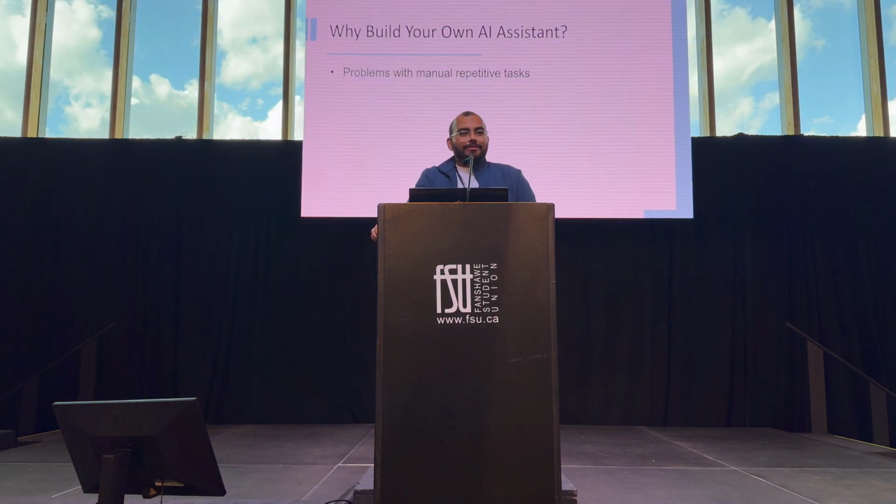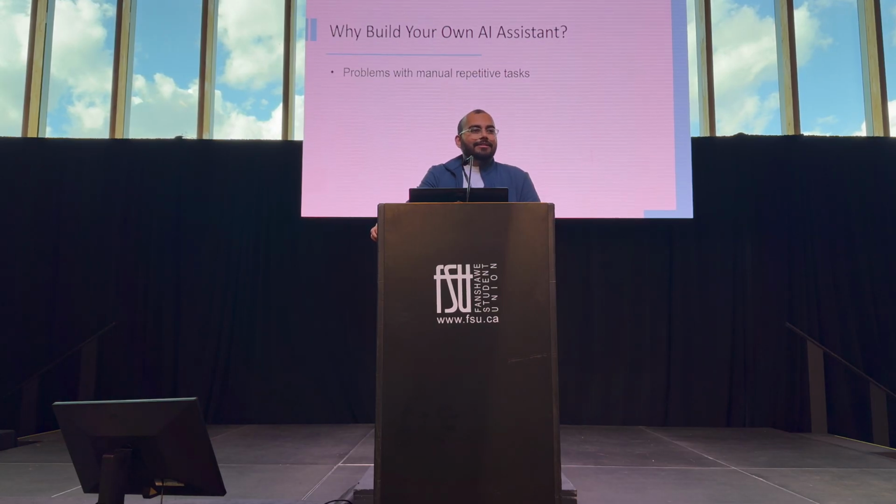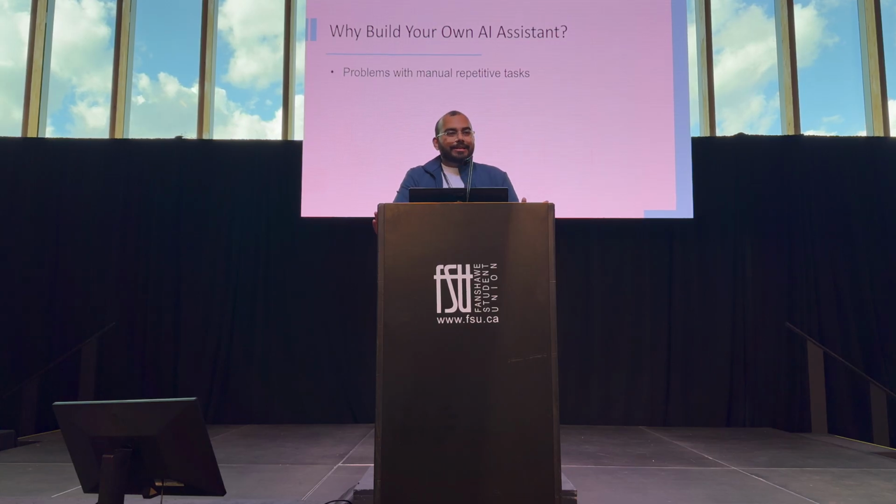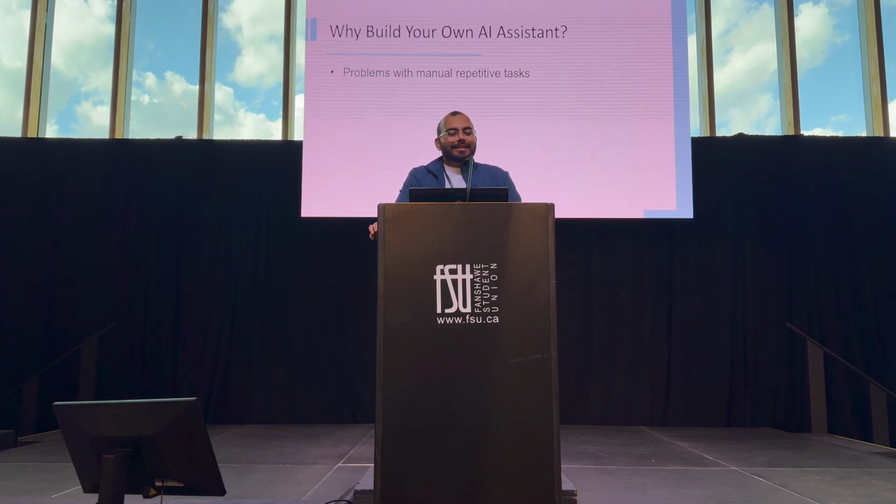First of all, whenever we are dealing with AI agents or AI assistants or AI chatbots, everyone is using Gemini or ChatGPT at this point, I'm sure, right? So there are certain things your Gemini or ChatGPT can't do.